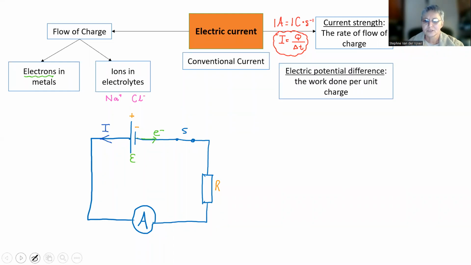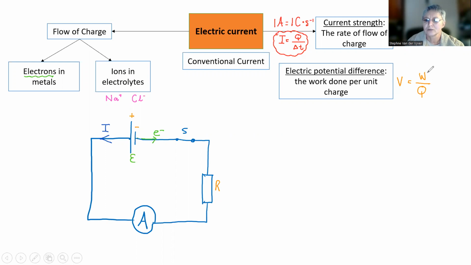The next definition I'd like us to consider is that of electric potential difference. It is defined as the work done per unit charge, which we could also turn into an equation: V for potential difference is W for work per coulomb charge. So the work done on a charge.